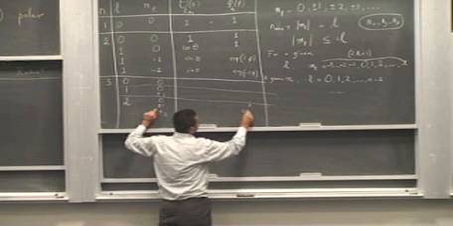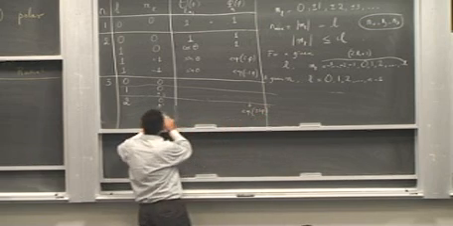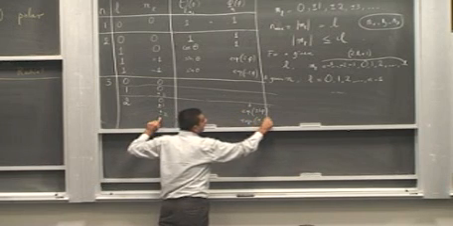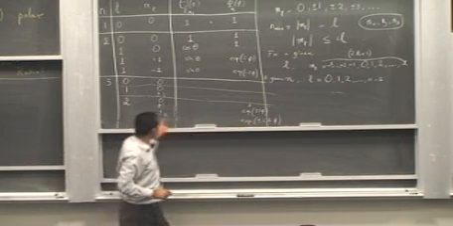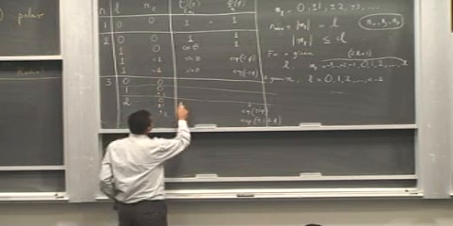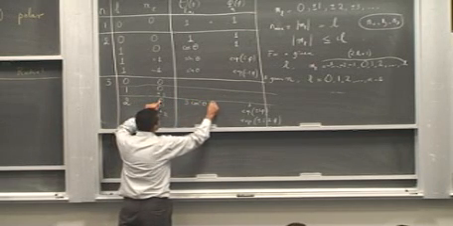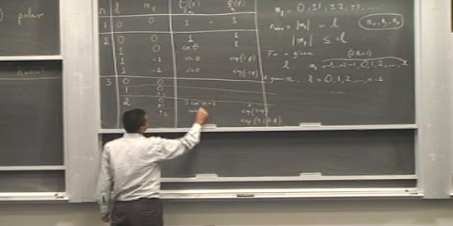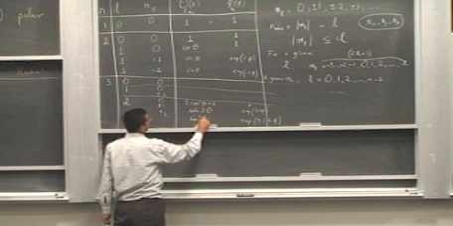Here it's exponent plus minus i phi, and for ML plus minus 2, the azimuthal part is exponent plus minus i 2 phi, plus with plus, minus with minus. And the polar part: here will come 3 cosine squared theta minus 1, here will come sine 2 theta, and here will come sine squared theta.